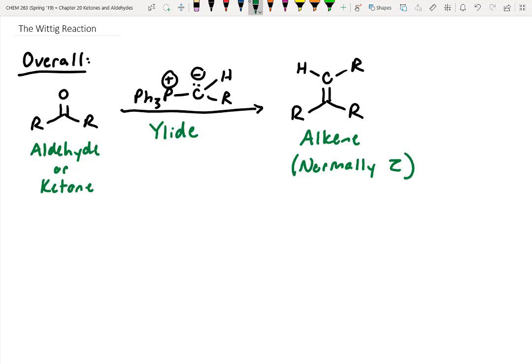Yeah? So with the ylide, does the negative charge of the carbon counteract the sheer size of the three phenyl groups attached to it in the reactivity on this? Yeah, so if we think about it, you might actually see this drawn a different way.